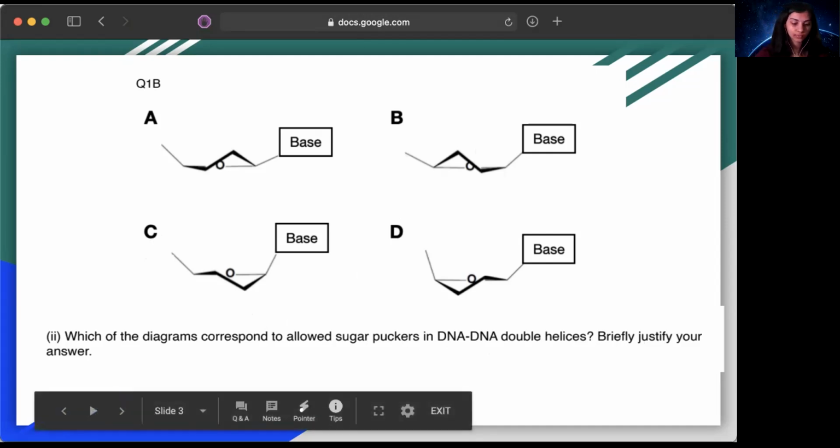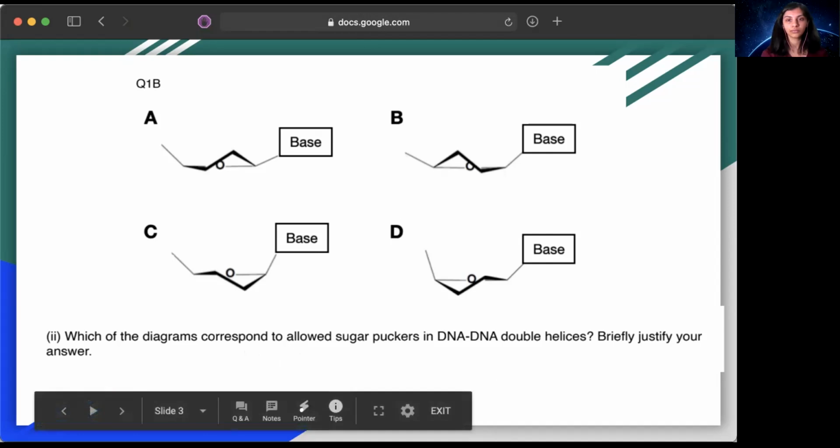So which puckers do you think that DNA double helices would adopt? Okay, in this question, you have to be careful that we're not talking about what the most favorable pucker will be, but what can be adopted. And it looks like Julian got it right, and they said that A and B can be adopted, and that would be correct. So if A is a B-form double helix, what would B correspond with?